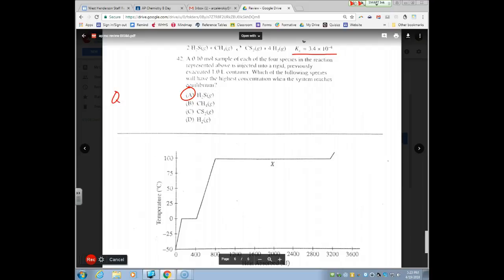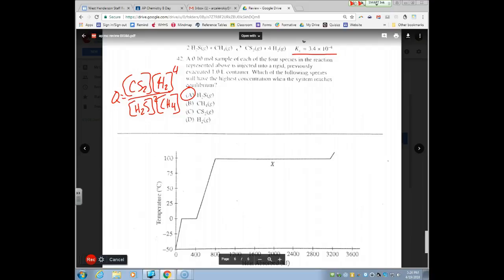So Q is going to end up being CS2 times H2, and that's going to be to the 4th power, over the concentration of H2S squared and CH4. Okay, so I put a 0.1 mole sample. It's in a 1 liter, so 0.1 is also my molarity.